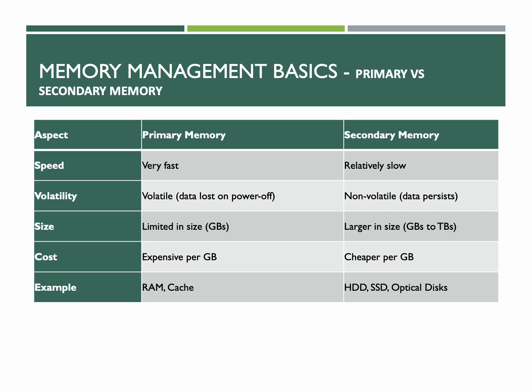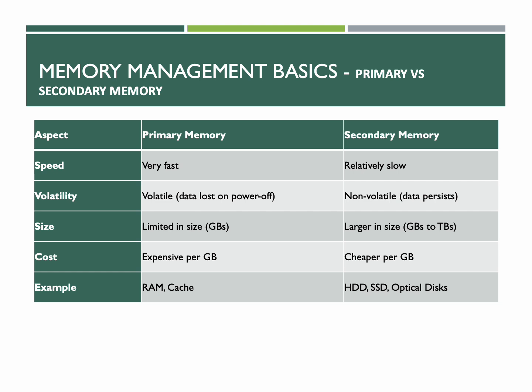It provides the speed required for a computer to process data in real time. For example, when you run an application, its data is loaded into RAM for quick access. While secondary memory like hard drives or SSDs is relatively slower but sufficient for storing large volumes of data. For example, files on your hard drive are loaded into RAM when you open them. Otherwise, they stay there.